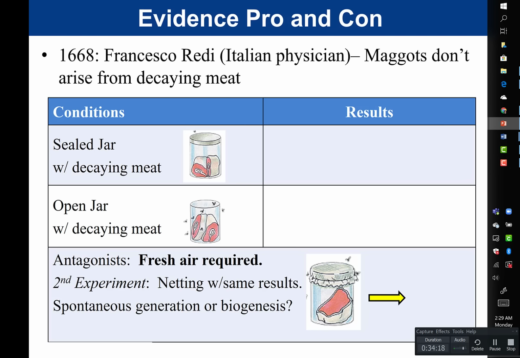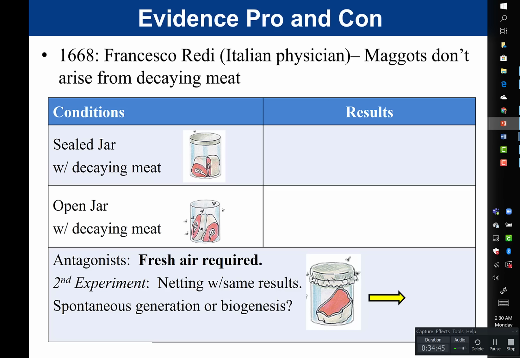So, in 1668, an Italian physician, Francesco Redi, did an experiment using meat and looking at maggots. What he did was he took meat and he put it in a sealed jar. And what he was looking for was, did he see maggots on the meat?